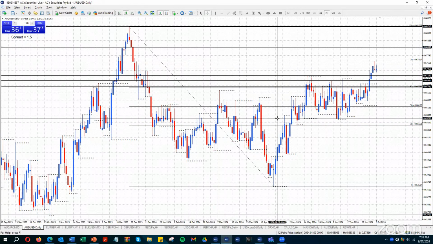Okay, so I would expect 68. I've got 68.05 drawn in. If we can get up there this week on a volatility move, we may see a lot of difficulty at 68. All right, so that's definitely an area to look for a reversal.